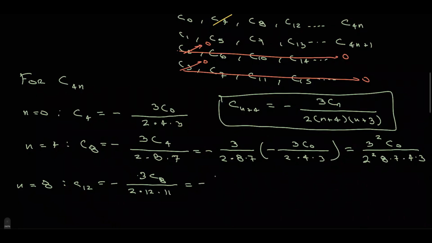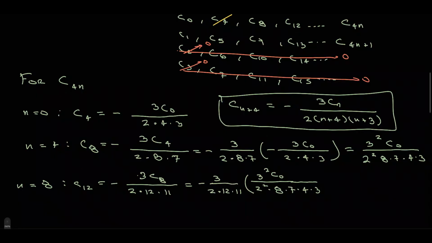So that is negative 3 over 2 times 12 times 11, all this times 3 squared c sub 0 divided by 2 squared times 8 times 7 times 4 times 3.